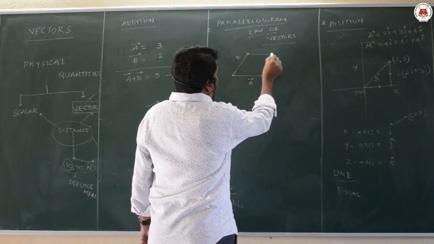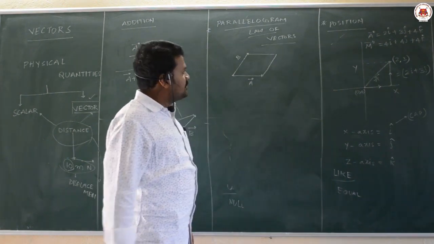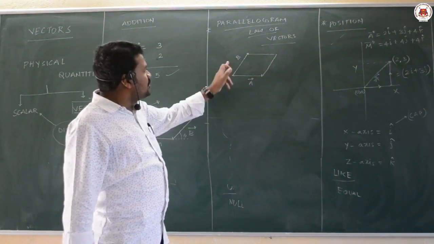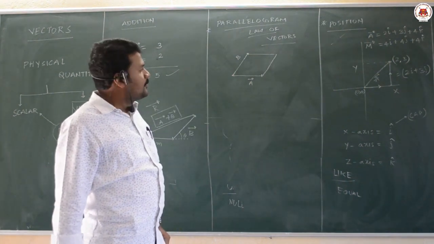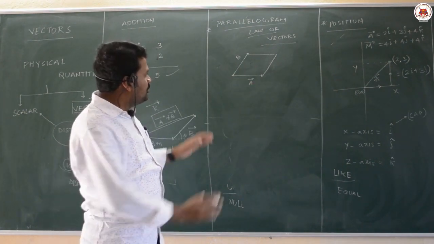Complete the parallelogram. This is the parallelogram. Two vectors represent two sides of a parallelogram, both in magnitude and direction.